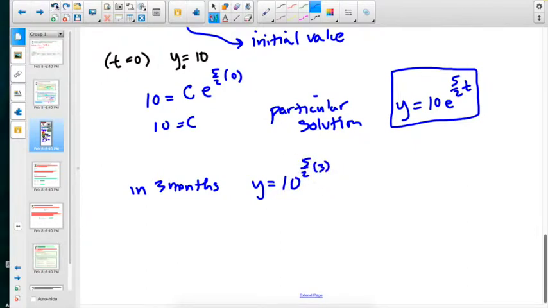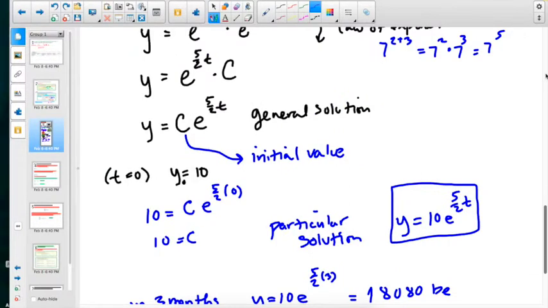Oops, I forgot the e. And so if we calculate that out, we get Euler's number to the 15/2, and then times 10, we get 18,080 beetles.